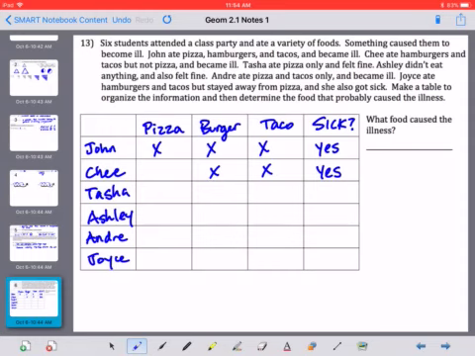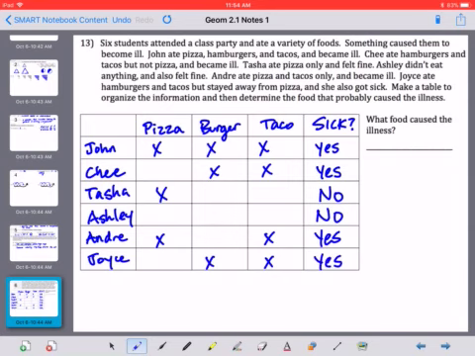Tasha ate pizza only and felt fine. Okay. Ashley didn't eat anything and didn't get sick, so that doesn't really help us too much. Andre ate pizza and tacos and he got sick. Joyce ate burgers and tacos, stayed away from the pizza, and she also got sick.